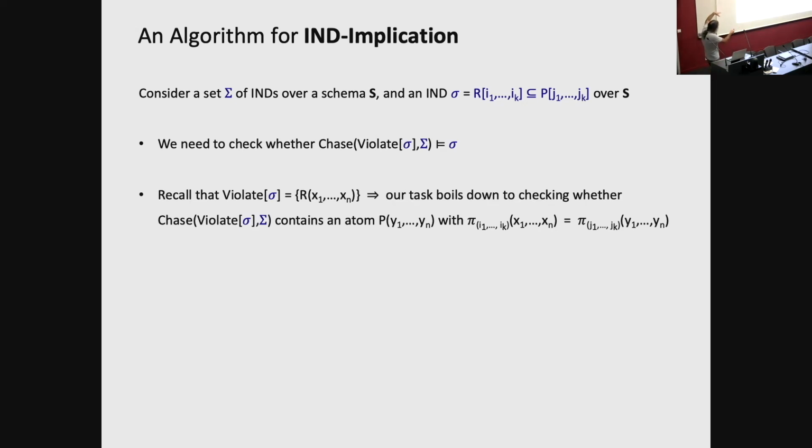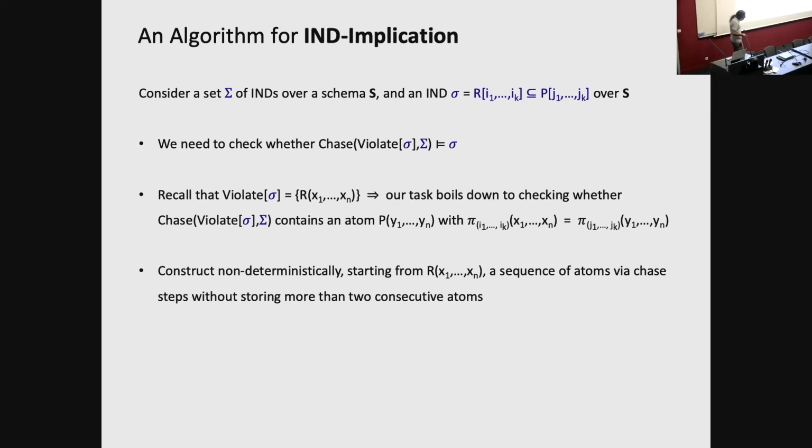Now, again, building the chase explicitly and then checking whether such an atom exists is not the way to go. The way to go is to non-deterministically build a sequence starting from the given atom in the following way. We start from our atom R(x1,...,xl).